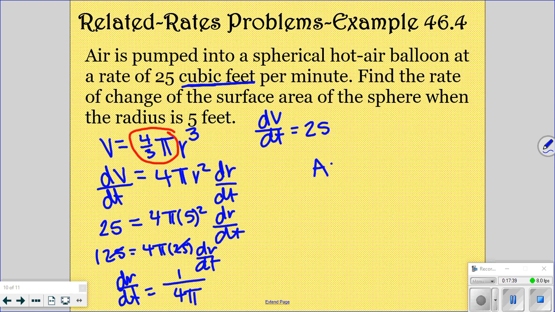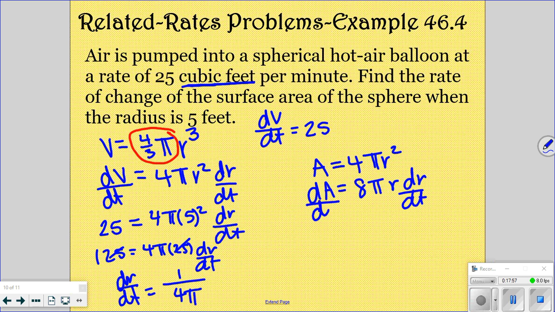So the area formula for a sphere is 4 pi r squared. If you take the differential, you get dA equals 8 pi r dr. And then divide by dt, because you're taking with respect to time. And so we're looking for dA over dt. They told us when the radius was 5.